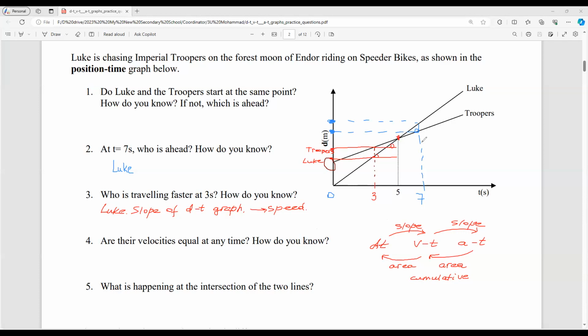Look, it's a DT graph, a position time graph, so the slope is speed. The slope all the time is different, so we don't have the same steepness. So no, the velocities are not equal. The velocity for Luke is always bigger than the velocity for troopers. The angle with the horizontal line is bigger.